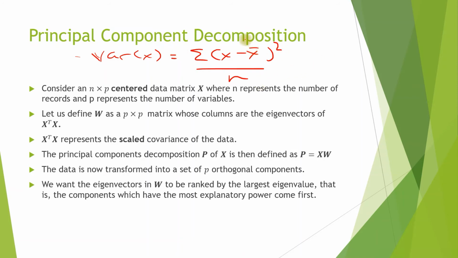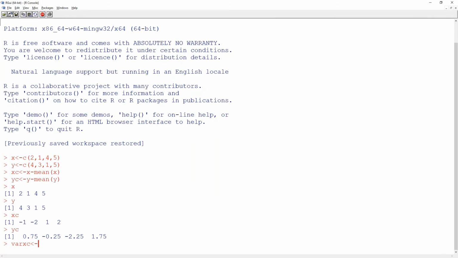Now, listen to this. If you have demeaned your data, if you have centered your data, you should understand that the new data that you will get will have a mean of 0. All the data, the new mean that you have for the new data will be equal to 0. Let me just show you this, for example.